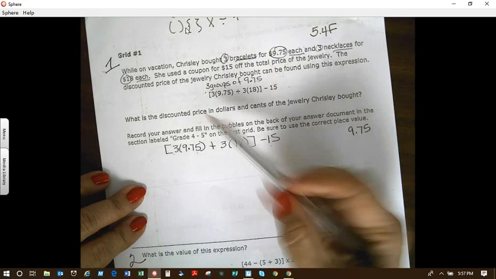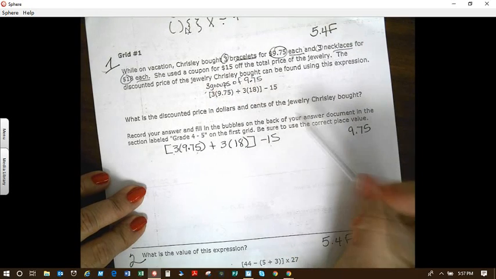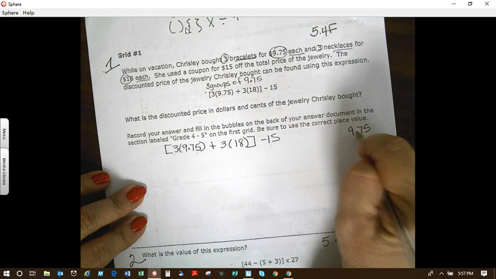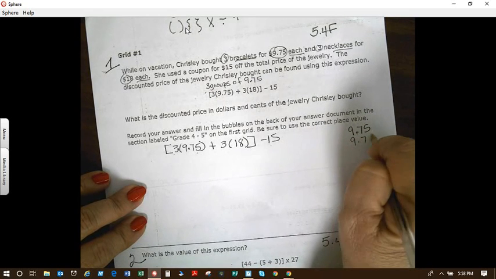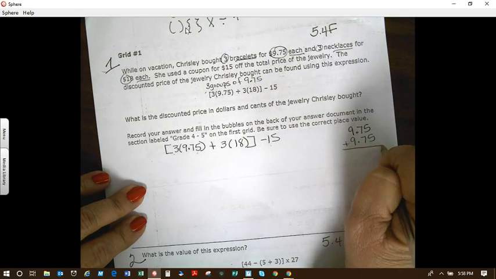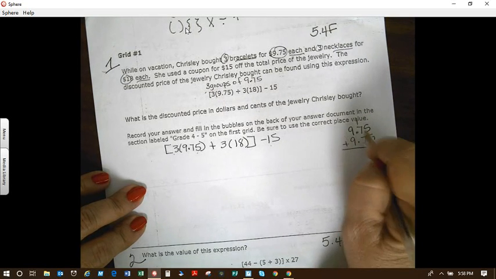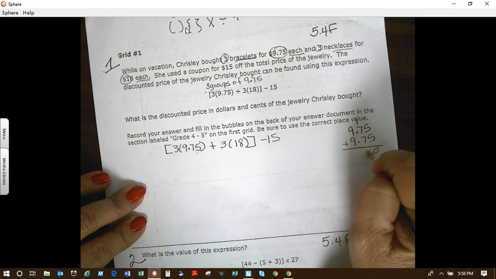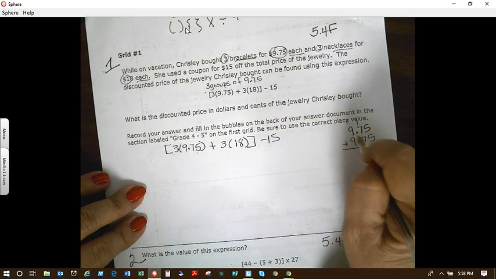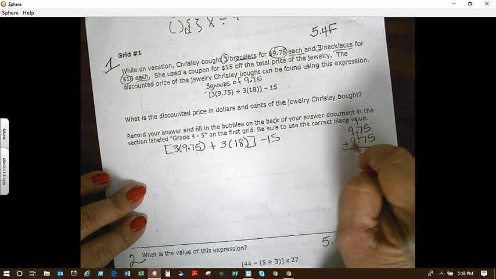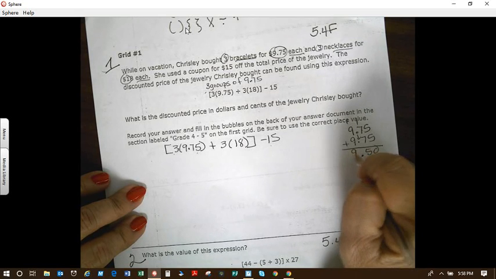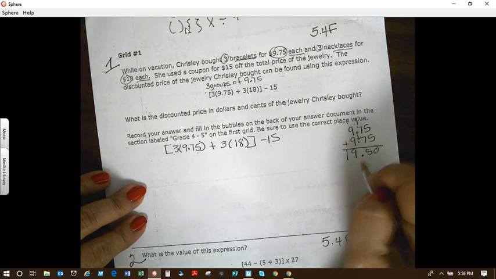So if this means 3 groups of $9.75, here's one group, here's another group, and I'm going to add my 2 groups first. 5 plus 5 is 10, carry my 1. 7 plus 7 is 14, plus 1 is 15. Bring down my decimal. 9 plus 9 is 18, plus 1 is 19.50. Remember, we're talking about money.